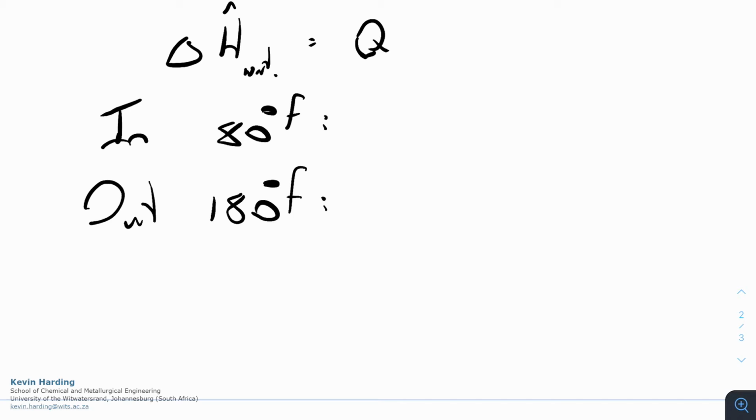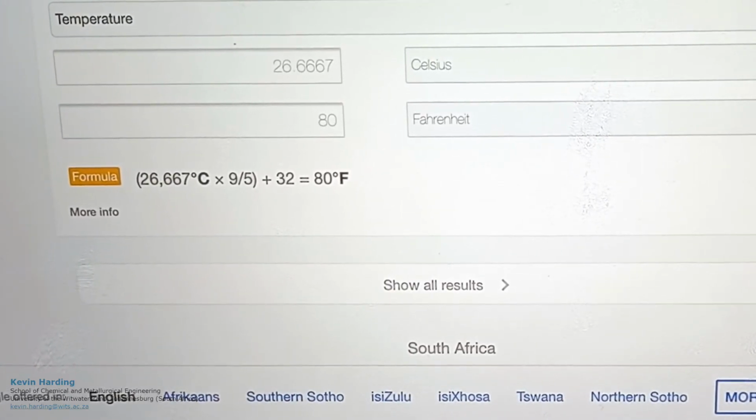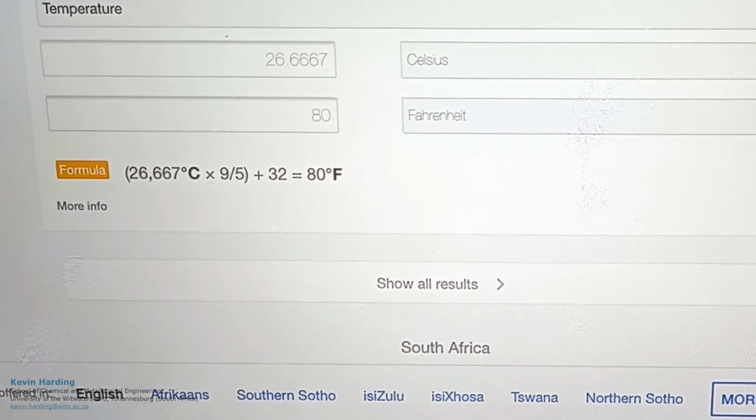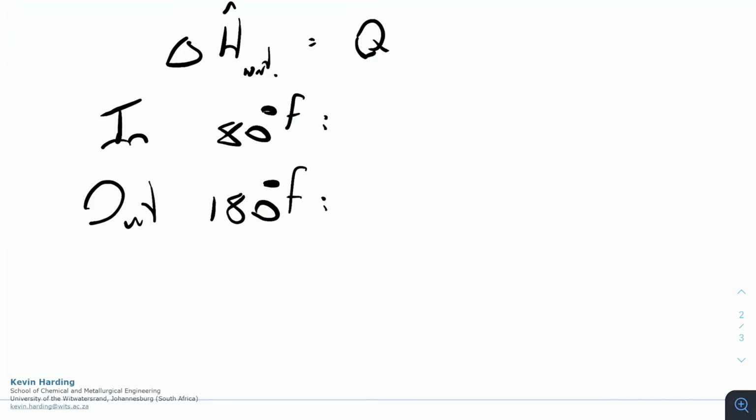My version of the steam tables do not have degrees Fahrenheit. So very quickly, let's just look at a unit conversion. 80 degrees Fahrenheit is equal to roughly 26.667. I'm going to make this a little bit simpler for us today, and I'm just going to call it 27 degrees Celsius.